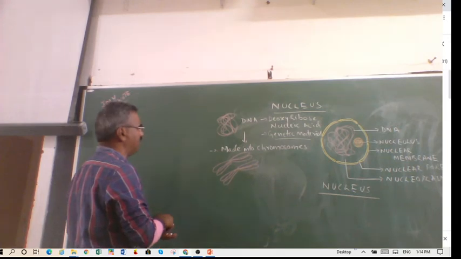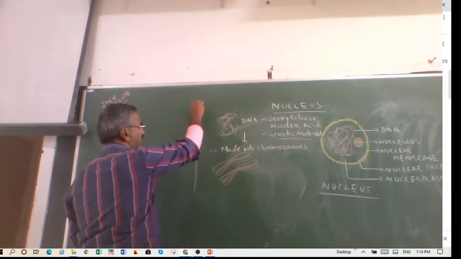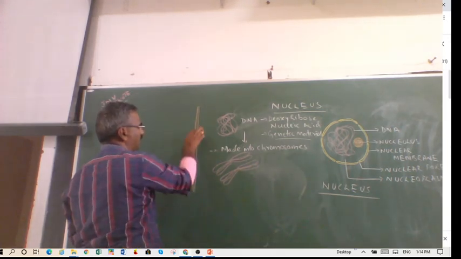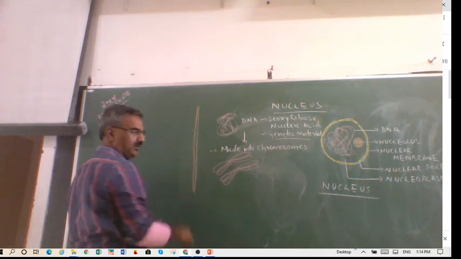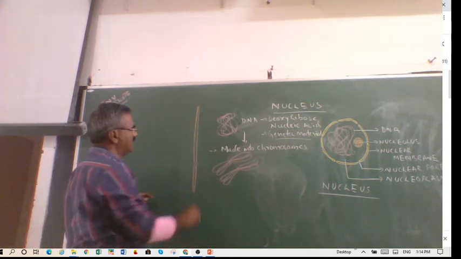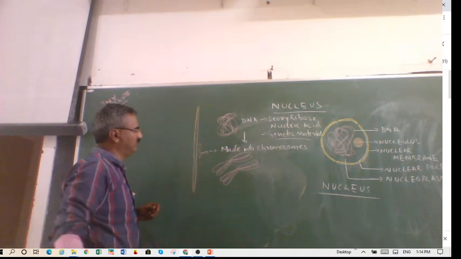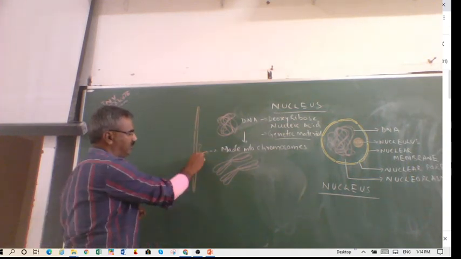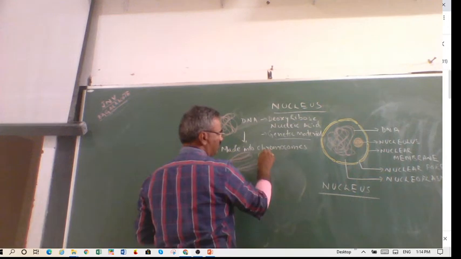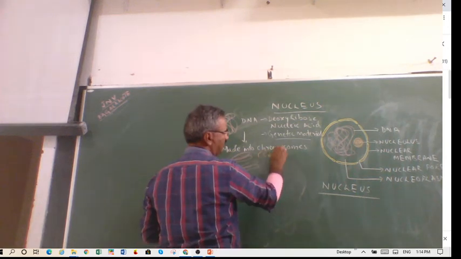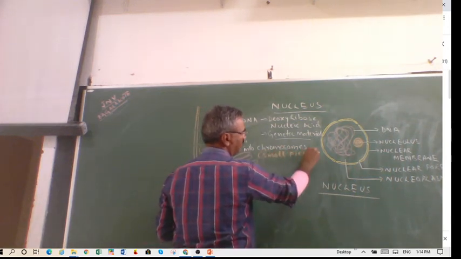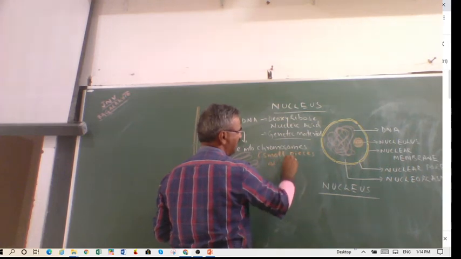Suppose this is the DNA which is present here. Small pieces of this DNA are what we call a chromosome. It is one piece. So chromosomes are nothing but small pieces of DNA.